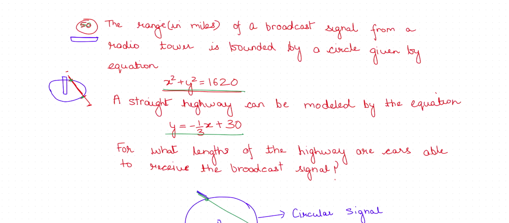So we have to find the intersection for both of these, and the cars moving on this green line can receive the signal from the radio tower.